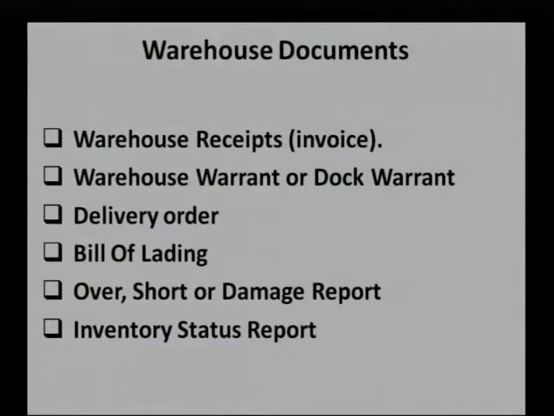Warehouse receipts. Every time a shipment is received from a transporter or from any other company, a receipt is issued. When one company delivers goods to another company, it sends an invoice which needs to be acknowledged. The invoice would contain all possible information about that particular shipment. Warehouse warrant, dock warrant, delivery order.